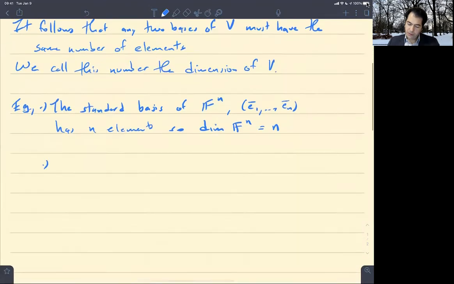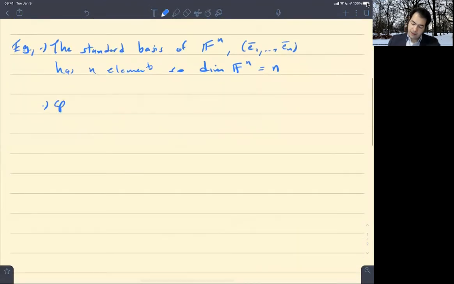It's another example. Let's denote by Pn(R) the polynomials of degree at most n with real coefficients.